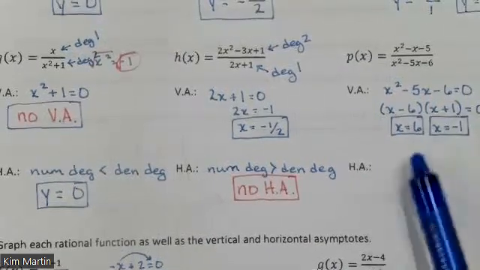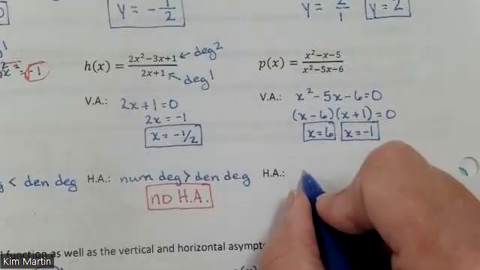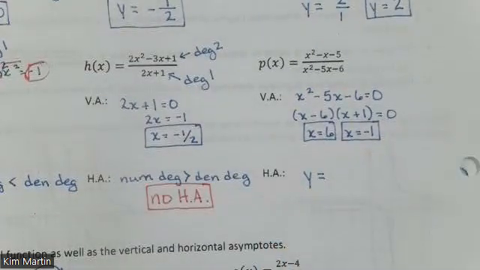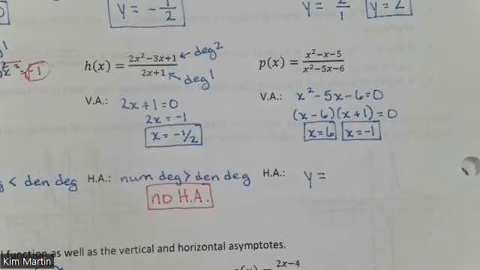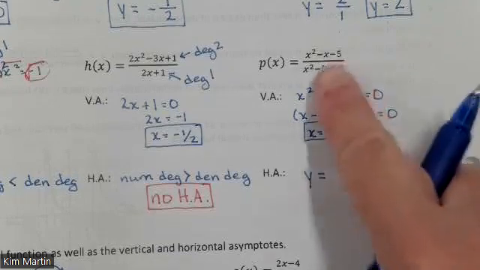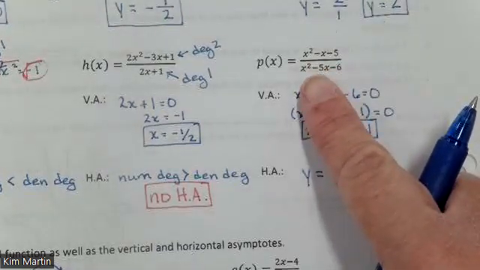Find your horizontal asymptote here. What's it going to be? Anybody know? First of all, is the numerator degree less than, equal to, or greater than the denominator degree? They're equal, because this has a degree of 2 and this has a degree of 2.